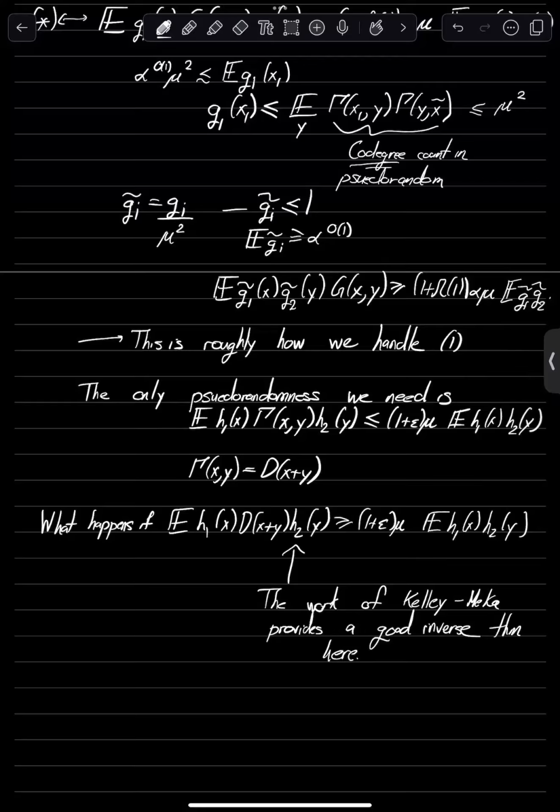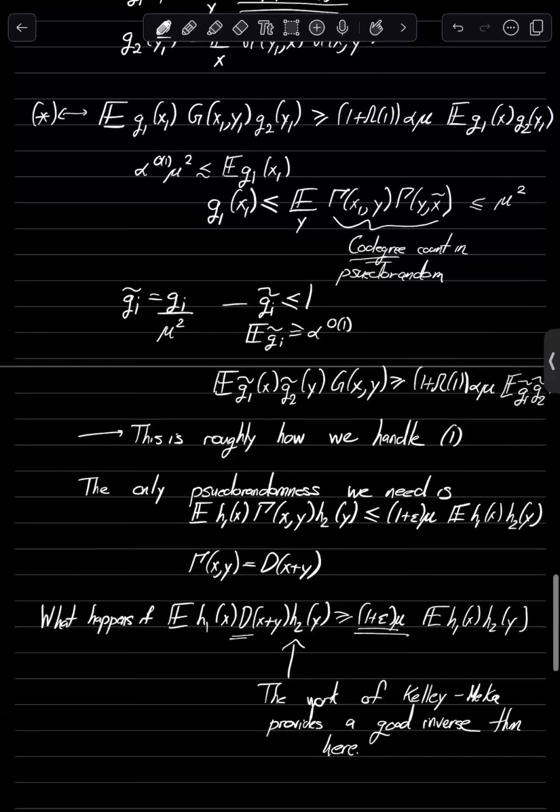Essentially the technical heart of the work of Kelley and Meka is they say, suppose this condition holds, then D has large density, in particular density 1 plus epsilon times mu, on a subspace of small codimension. That's where it enters. So this allows you to do the second step pseudo-randomization efficiently. I'm hiding every technical detail about how you get all these things to interlace, but that's maybe how you get started.